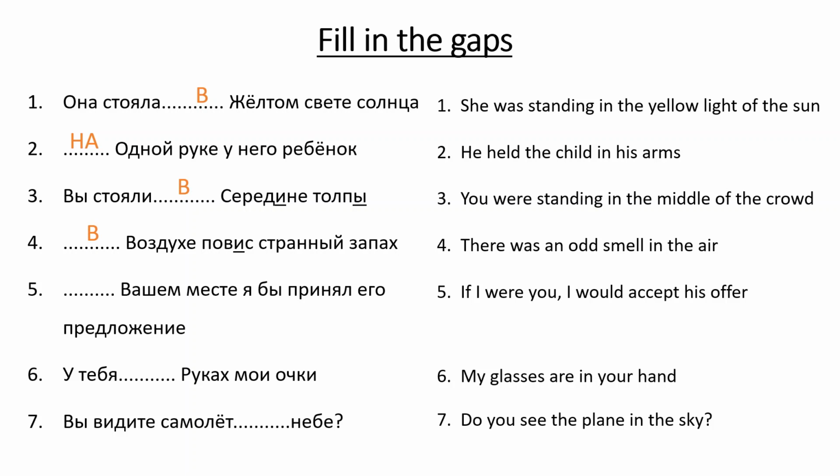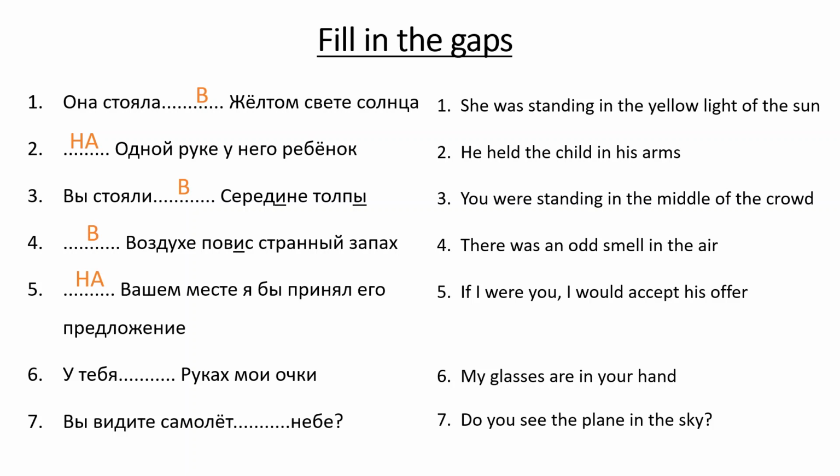Then we have the set phrase blank в вашем месте я бы принял его предложение. If I were you, I would accept his offer, and that always uses на. На вашем месте. It's kind of following this idea of replacement. It always uses на for that. Then у тебя blank в руках мои очки.